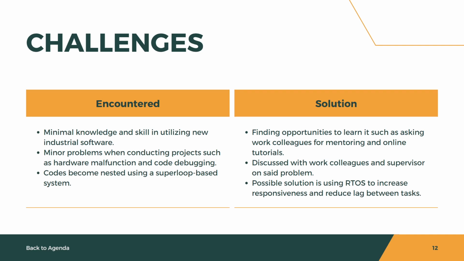Currently, we are using a super loop based code system, which is the usual standard code that we use on the Arduino. However, when we are dealing with a real-time system, it's actually better to use a real-time operating system because we want to reduce lag due to the difference in cycle for each of the tasks.